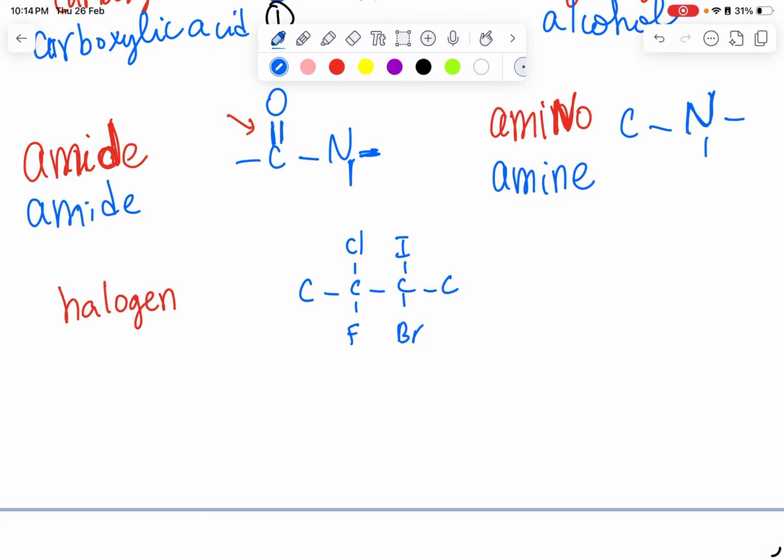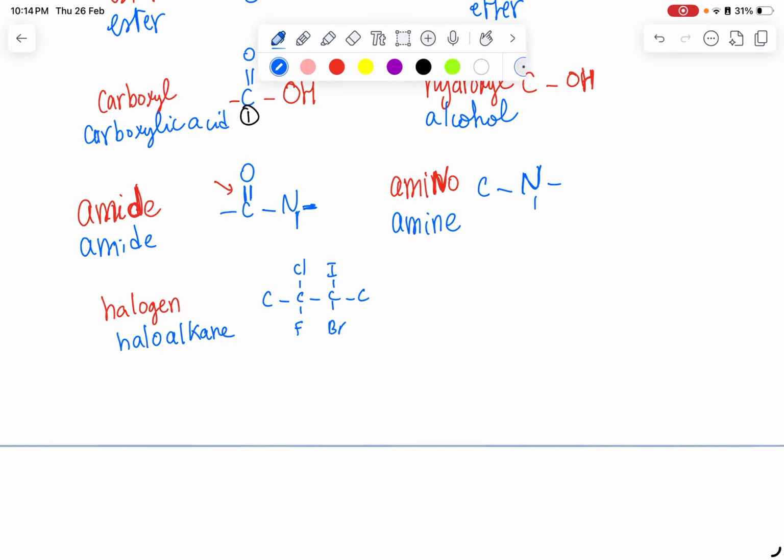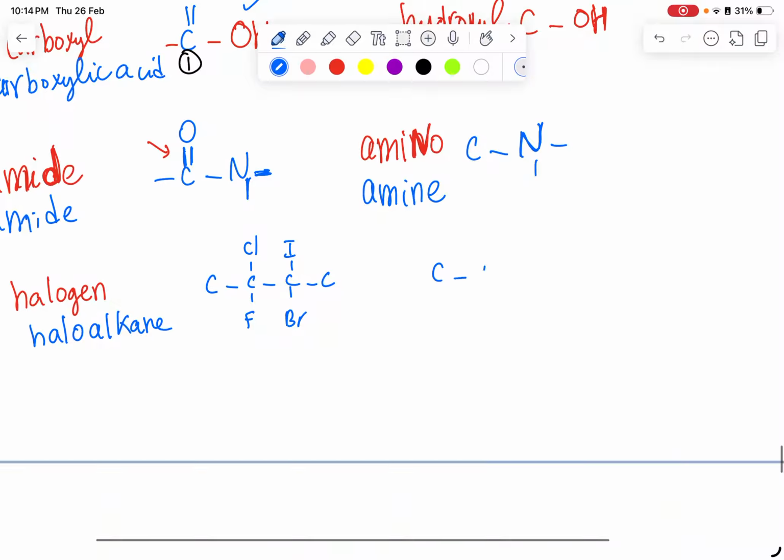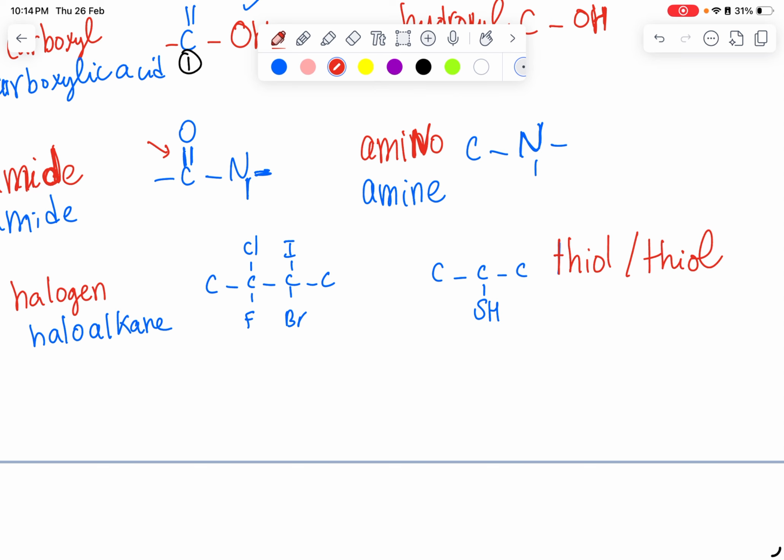But the family name, instead of saying alkane, I'm going to say haloalkane. And you have the carbon chain with a sulfur atom somewhere. So this is the thiol functional group and thiol family name.